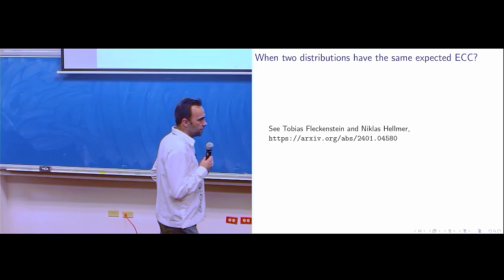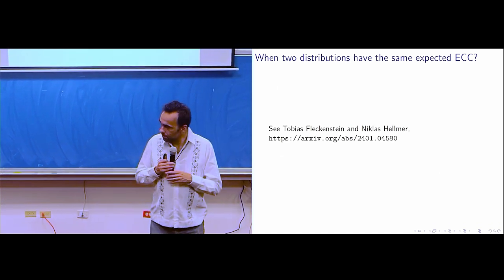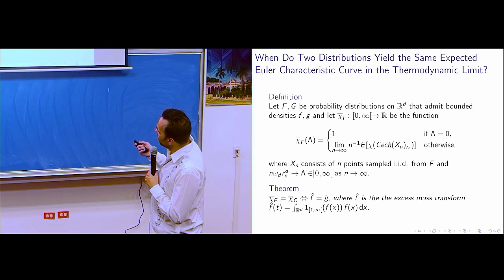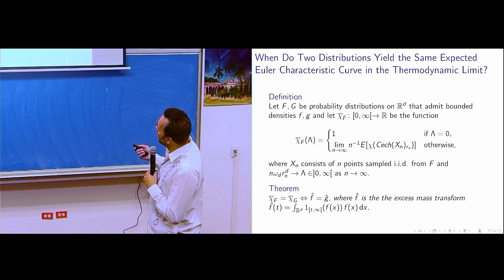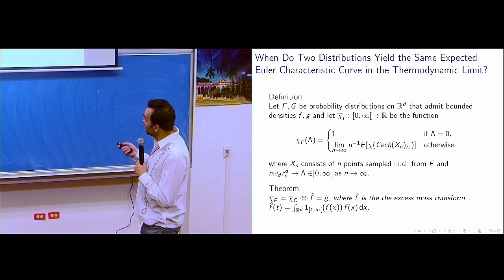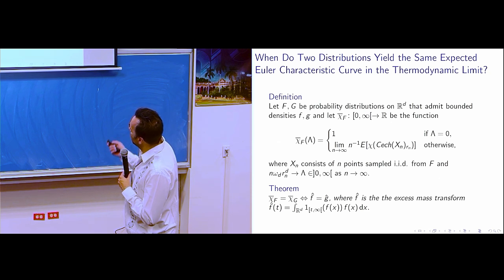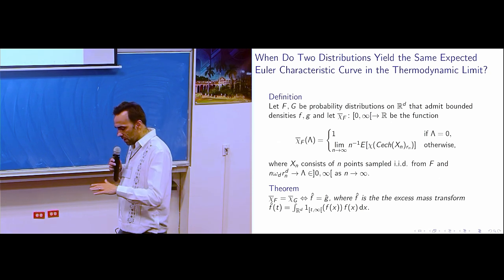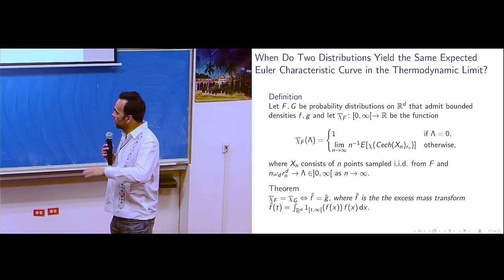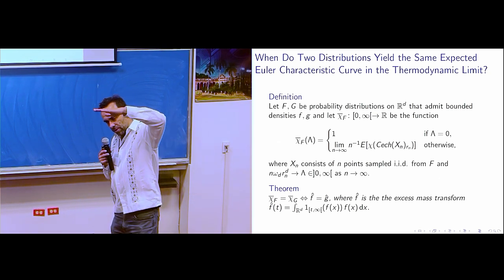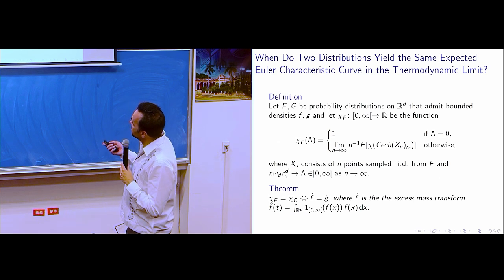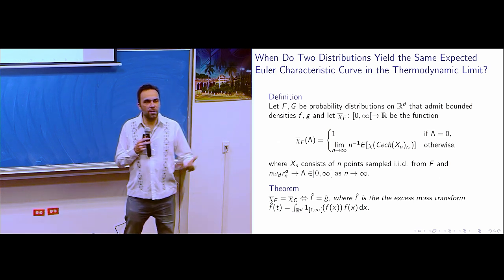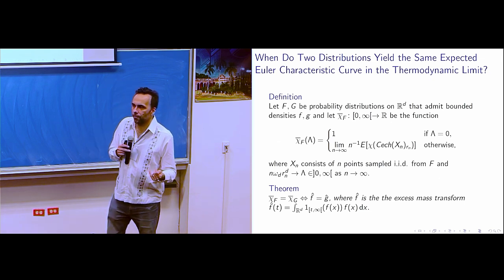He should be defending pretty soon, and his colleague, Tobias, and they actually were able to prove that under some mild conditions, if the two distributions have the same exit mass transform, so the amount of mass that is above certain value t is the same for both distributions for every t, then they will have the same expected Euler characteristic.